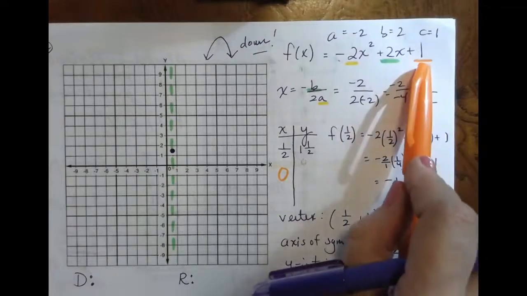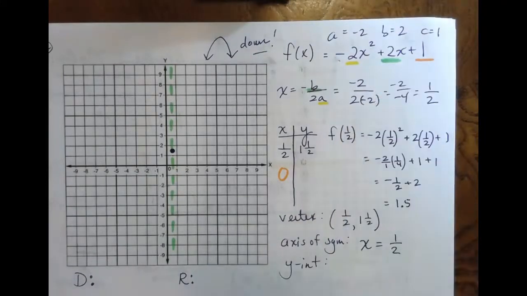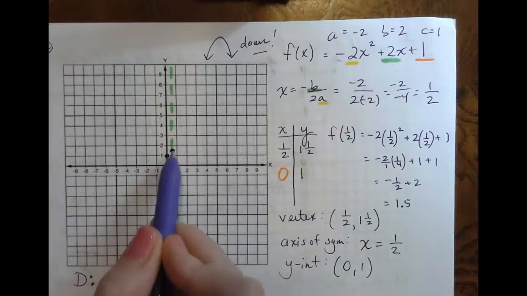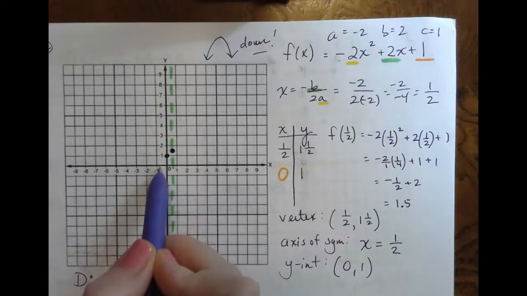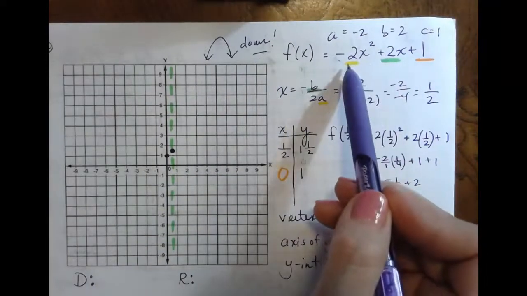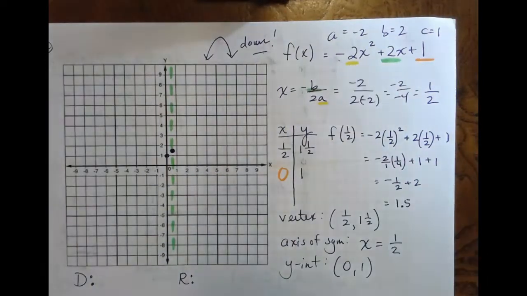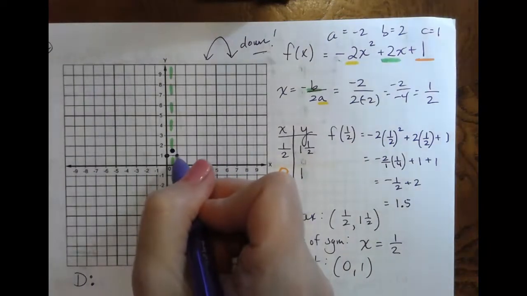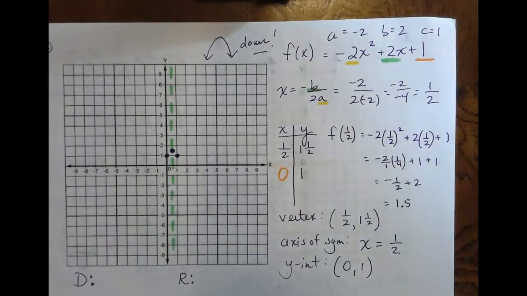And that will take us to our y-intercept, which is at 0, 1. Over 0, up 1. So right away, we see that this is going to be opening down. Remember, it's going to be opening down because A is negative. Let's go ahead and use some symmetry. If we are a half unit to the left, we will also be a half unit to the right.